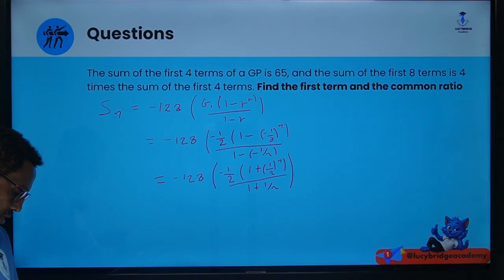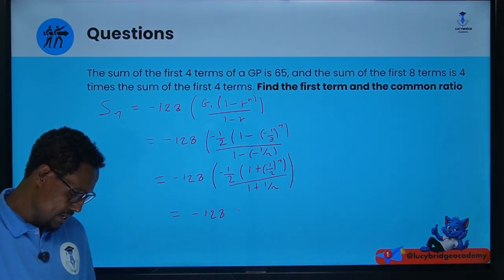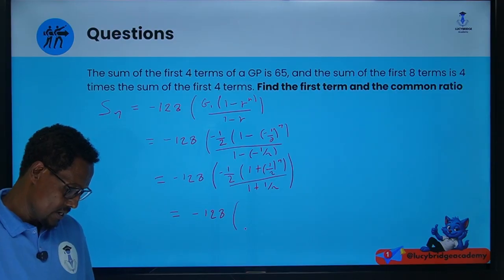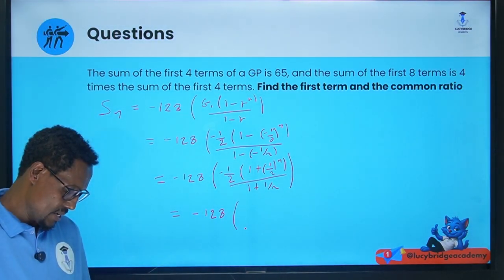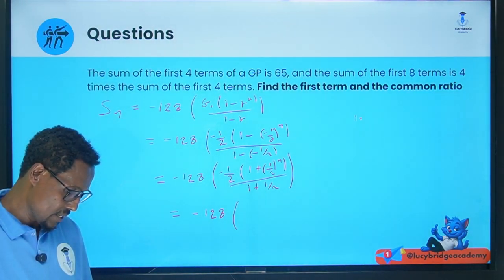Which is equal to minus 128 times minus 1 over 2 times, 1 plus 1 over 2 is equal to 3 over 2.